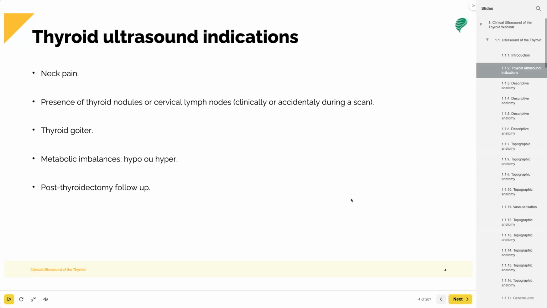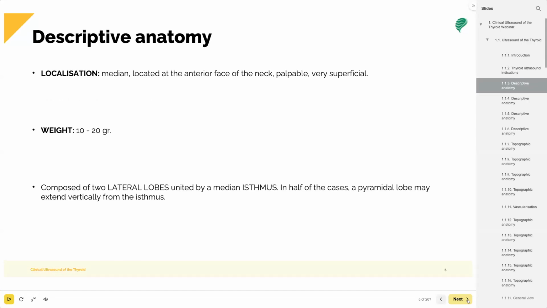Post-thyroidectomy follow-ups. So if patients have had thyroid cancer, that would be a great reason to have a thyroid ultrasound done, usually within a few months post-ultrasound, just to check in to see that things are healing properly and that the surrounding area does not contain any inflammation and things like that.